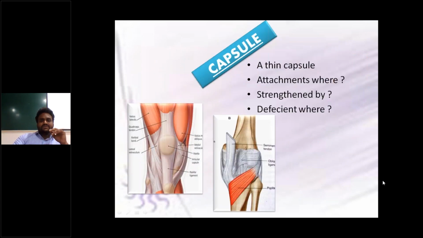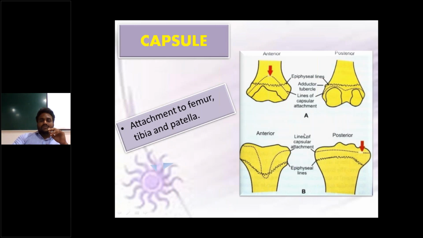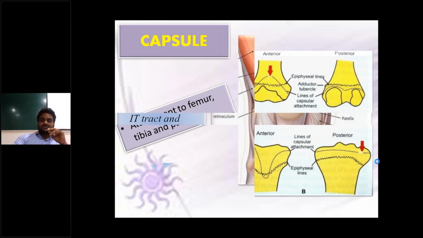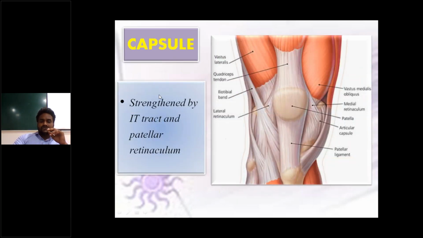Next, the capsule of the knee joint. The capsule is attached to the margins of the articular surfaces of the knee joint. This capsule is strengthened by the iliotibial tract and patella retinaculum.